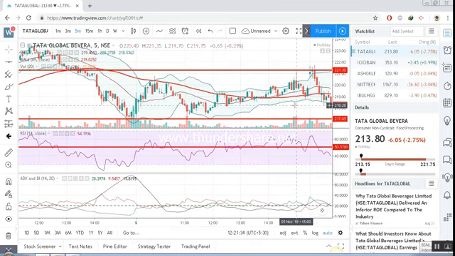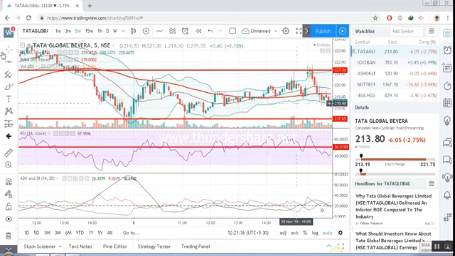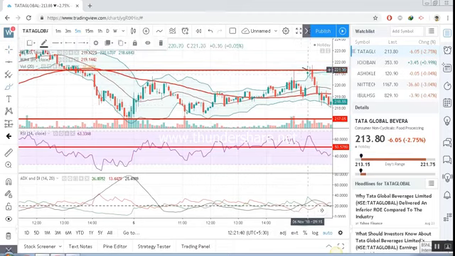Now see this very carefully. Your prices are dropping from the top, and you can see the red line. The candle is not closing below the WMA, and what you want is for your candle to close below the WMA.